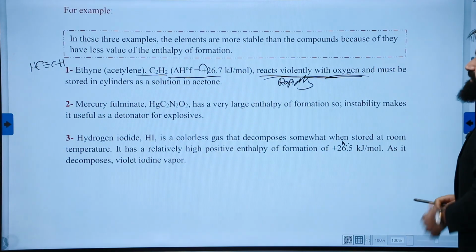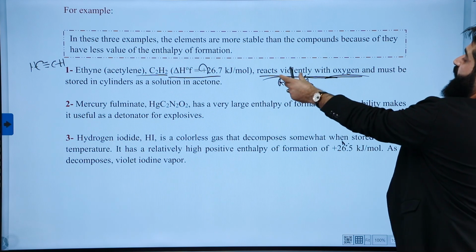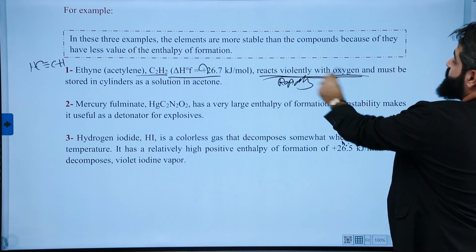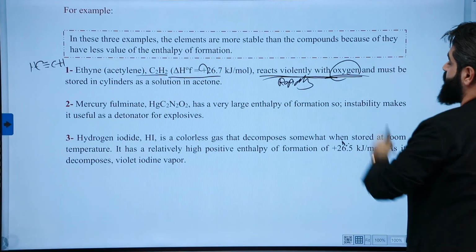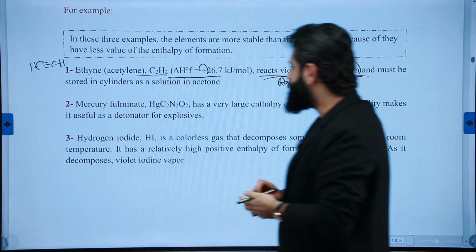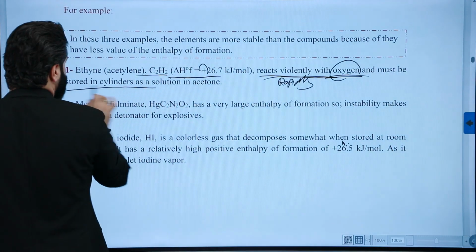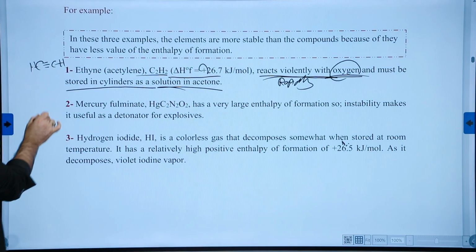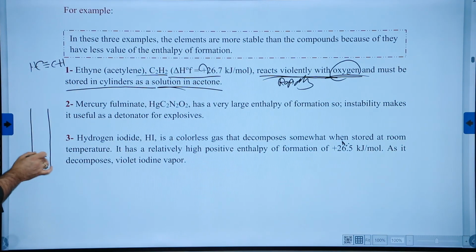So acetylene can react violently, rapidly with oxygen. Therefore, we have to prevent its contact with oxygen. So it must be stored in cylinders as a solution in acetone. That means we will have a cylinder like this. There we will put acetone here. See the acetone.